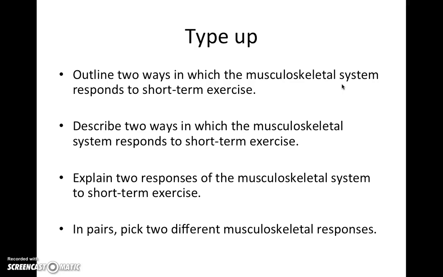Once you have done that, which I expect every single person in the class to have done, you then go on to describe 2 ways in which the musculoskeletal system responds to short-term exercise. Now, if you're not too sure what describe means, all you need to do is go onto the internet, type in Google, for example, definition of describe, and it will give you a definition of what we expect from a describe. Once that's done, I expect people to also explain 2 responses of the musculoskeletal system to short-term exercise.